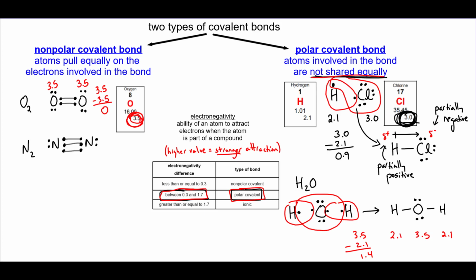And so if I want to draw those arrows in, they would need to point at the oxygen, and the little positive end of the arrow is over there on the hydrogens. Now I can also draw in those delta signs for partially positive, and then the oxygen is just partially negative.